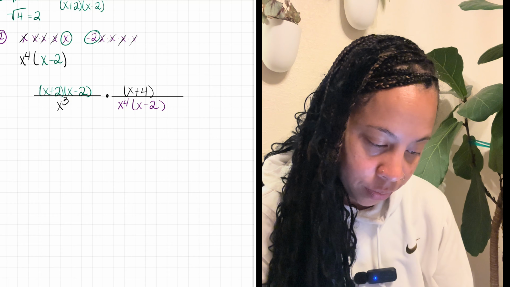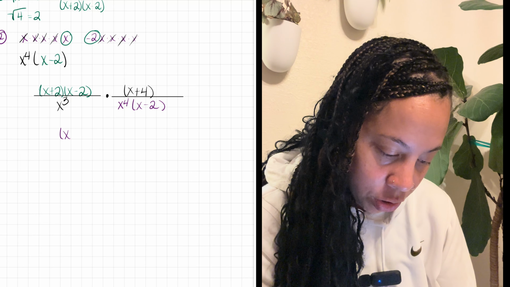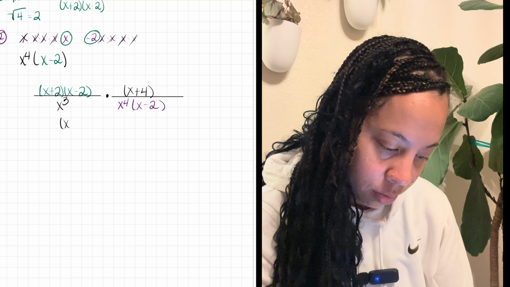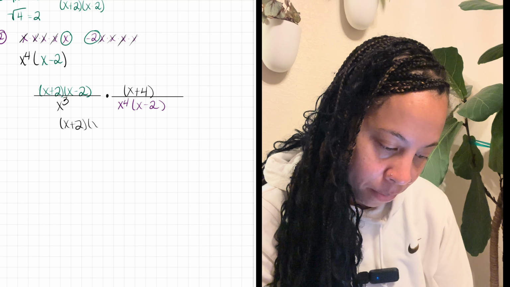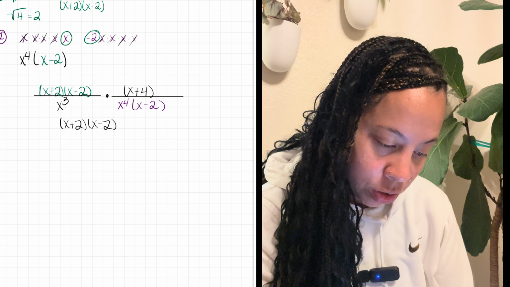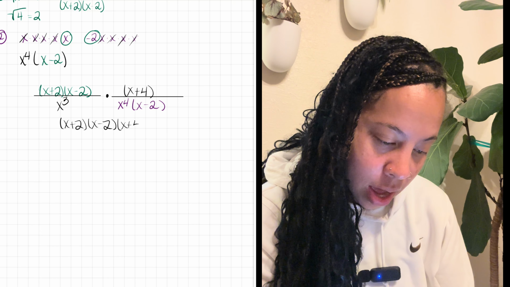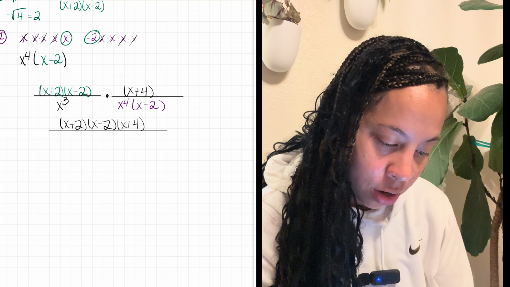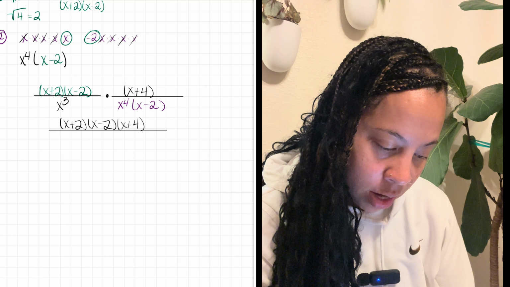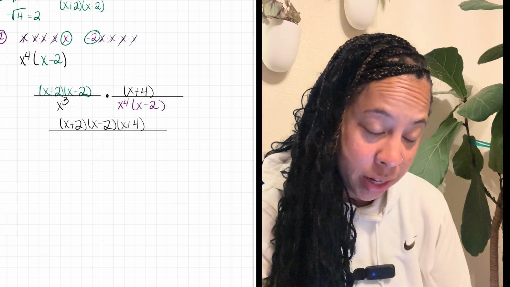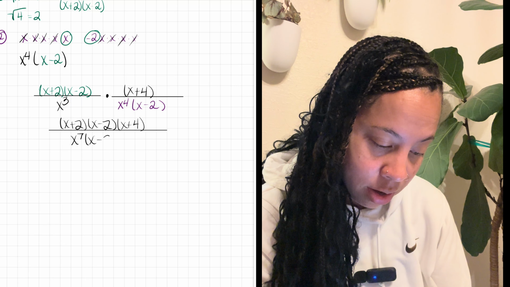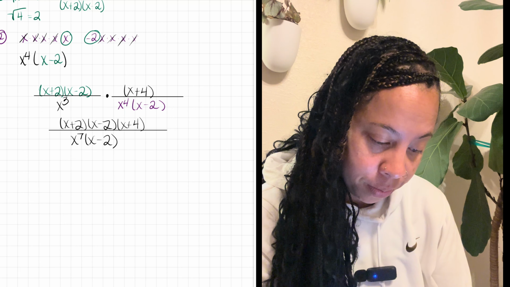So we have x plus 2, x minus 2, x plus 4 over x cubed times x to the 4th, that gives us 7 of them, x to the 7th, x minus 2.